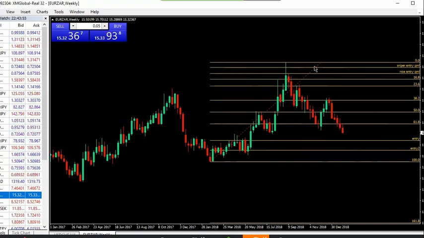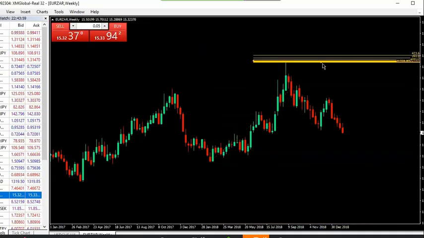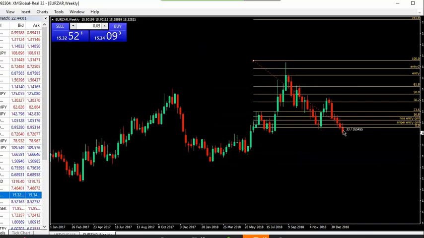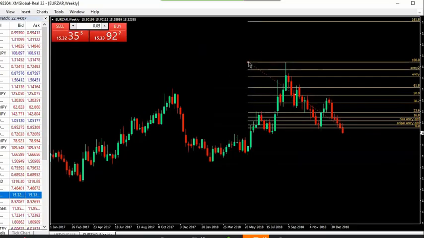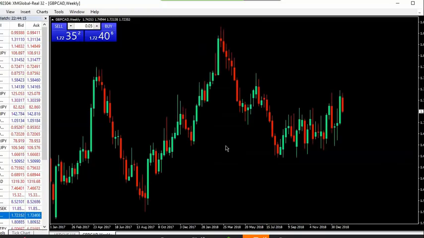So if I check this wave, see it just reversed near our 50% level and then continued all the way down. Something here, let's see.